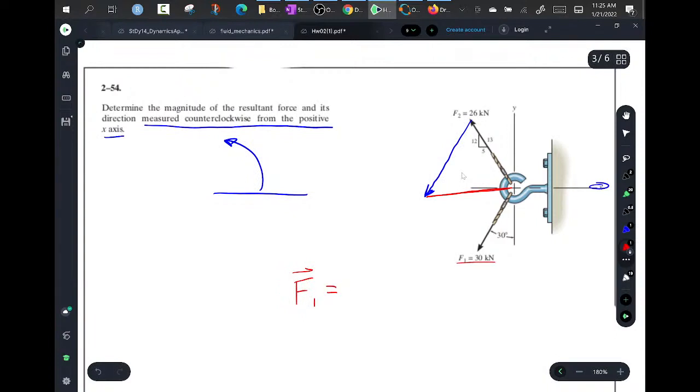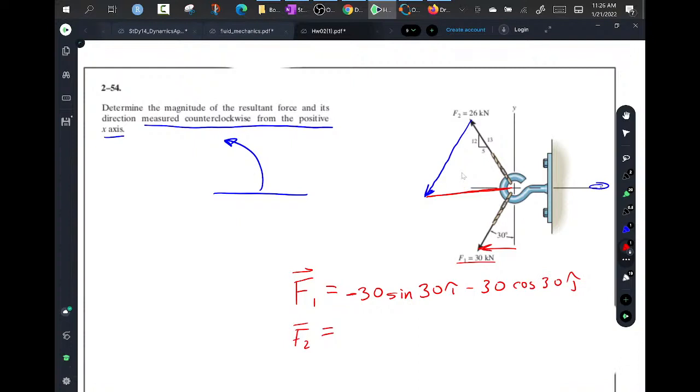So with this, I'm going to take this and say 30 sine of 30, which is very bizarre. Moving back to the left, so it's minus I plus 30, minus 30 cosine of 30, J, I can put F2 directly under it.